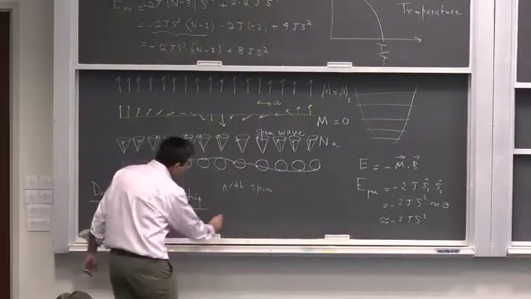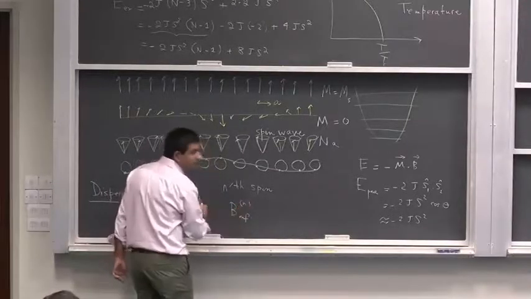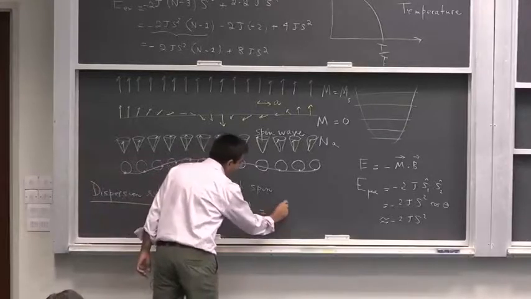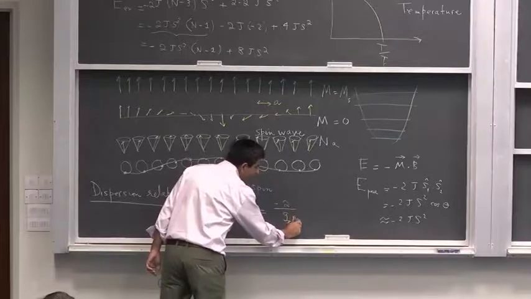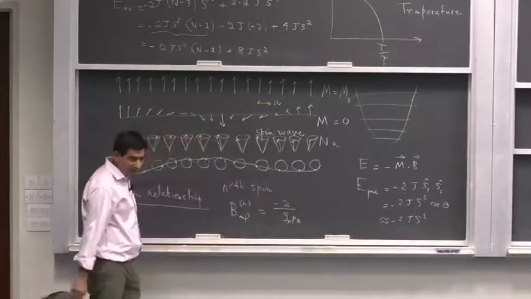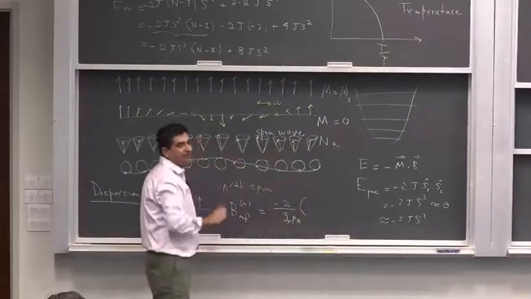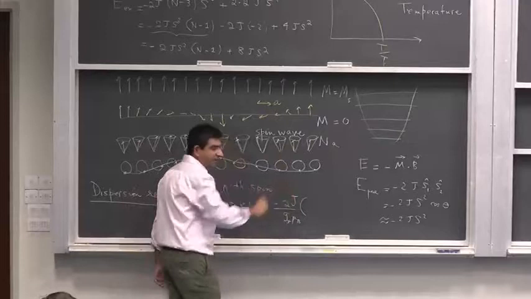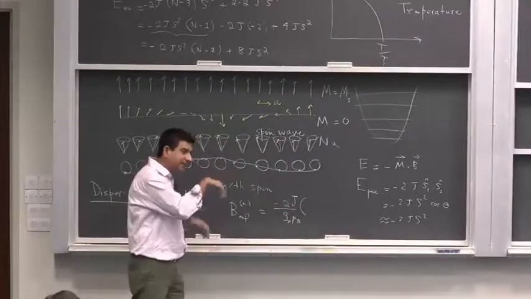So the nth spin sees a molecular field B_MF, which we all know is given by minus 2 over g_J mu_B, times J, the exchange interaction, and the neighboring spins' angular momentum.